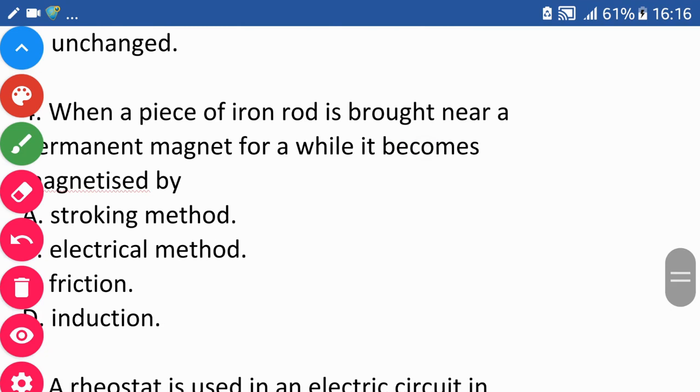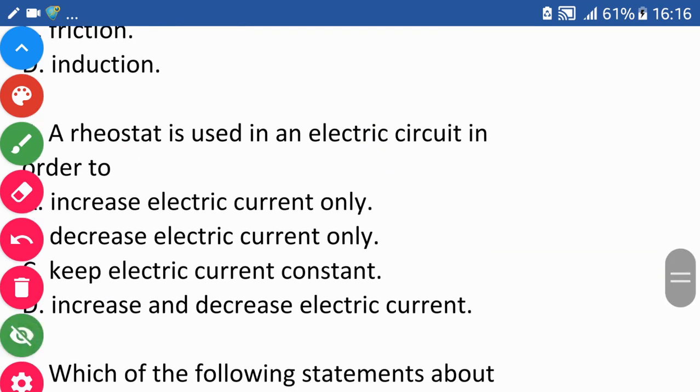Question 4. When a piece of iron rod is brought near a permanent magnet, for a while it becomes magnetized by induction. D, induction. A rheostat is actually a resistor, but a variable resistor.